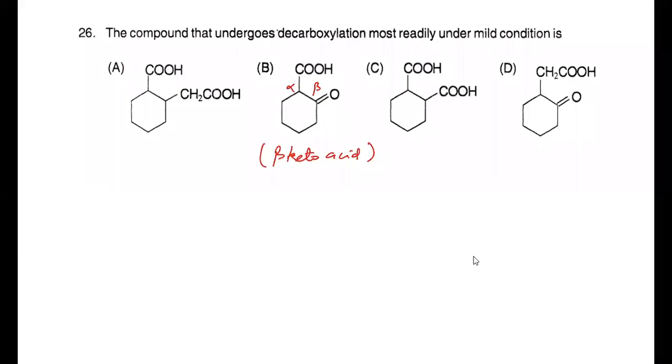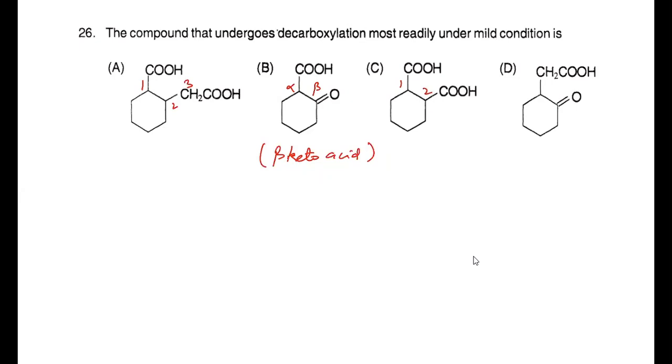Otherwise, in the case of dicarboxylic acids, decarboxylation is possible when the number of carbon atoms in between is 0, 1, 4, and 5. Because in case of 2 and 3, dehydration takes place. So decarboxylation, dehydration, decarboxylation. This is the case of dicarboxylic acids. You can check in the first case the number of carbon atoms in between are 1, 2, and 3, so dehydration. This is also dehydration.